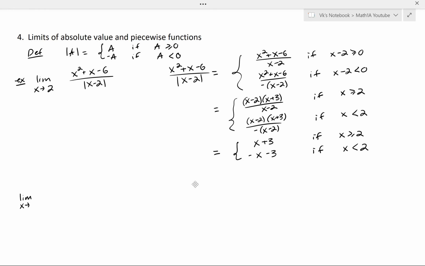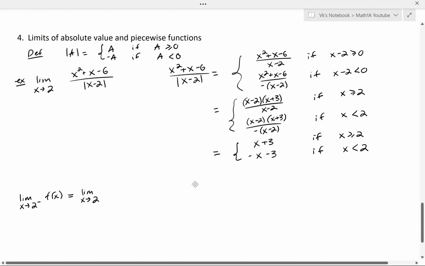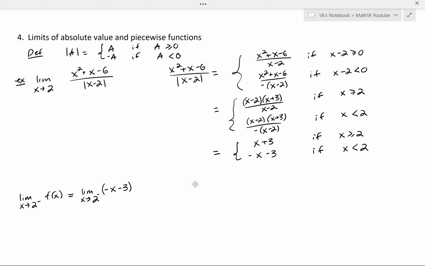The limit as x approaches 2 on the left side of f(x) is, well, use the left piece, the limit as x approaches 2 of minus x minus 3. It's also on the left side. From here, we can do a direct substitution. So it's minus 2 minus 3, which is minus 5.